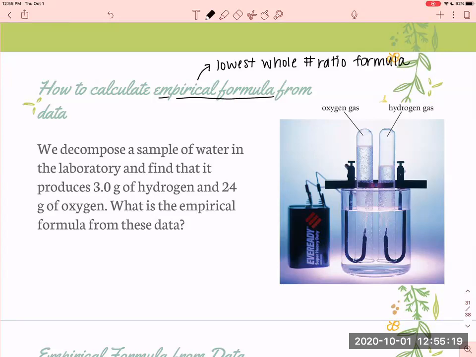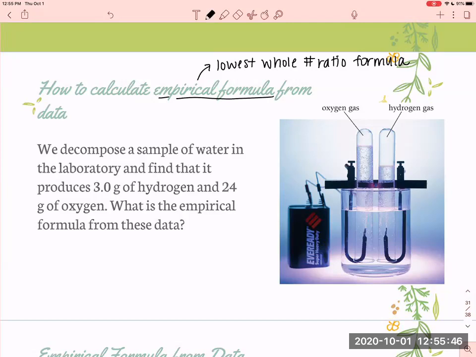I want you to think about what type of compound always is the lowest whole number ratio, and is there a type of compound that might not be? That's the type of compound that maybe is going to be more interesting for us to look at. So an empirical formula is just the lowest whole number ratio formula that you can get of a compound.